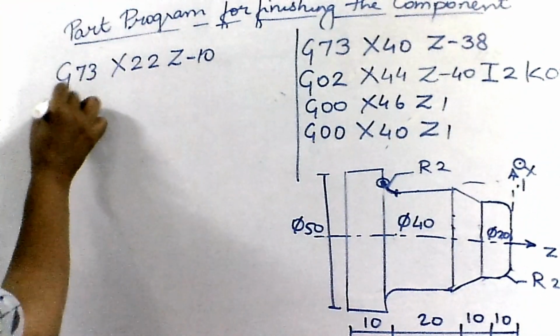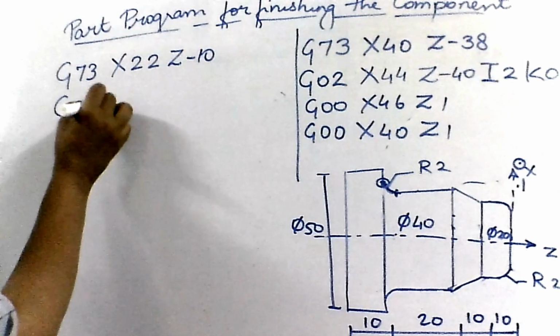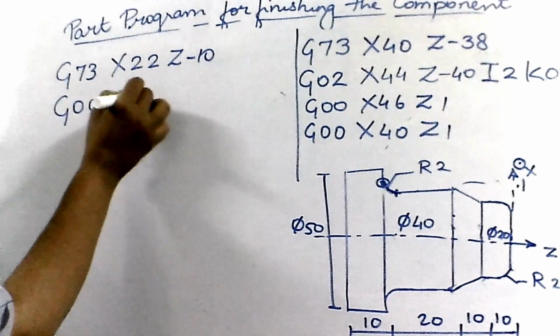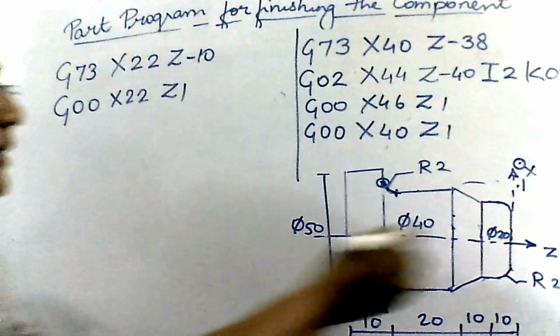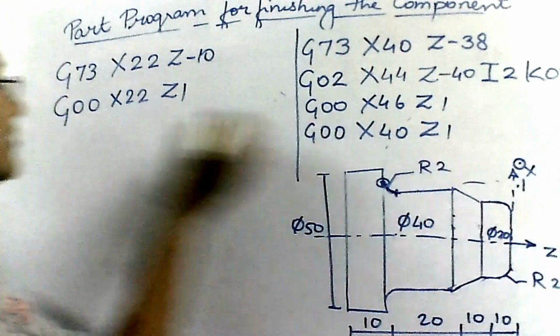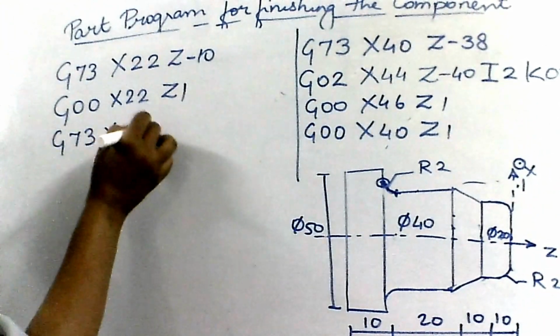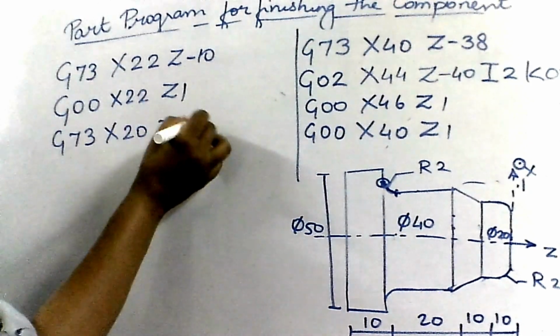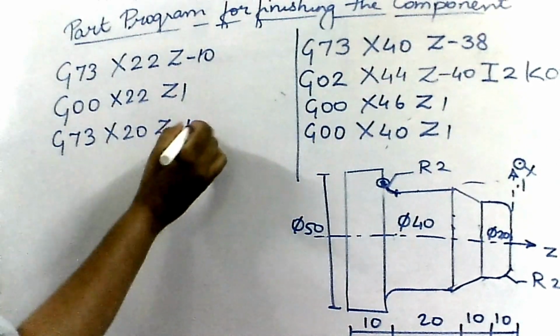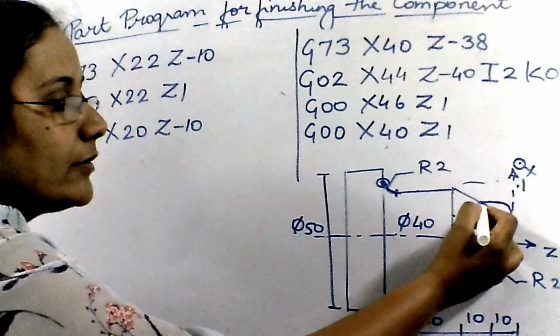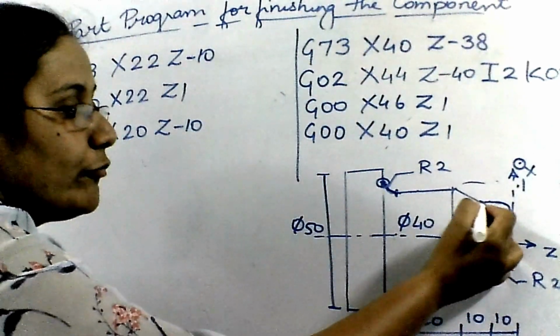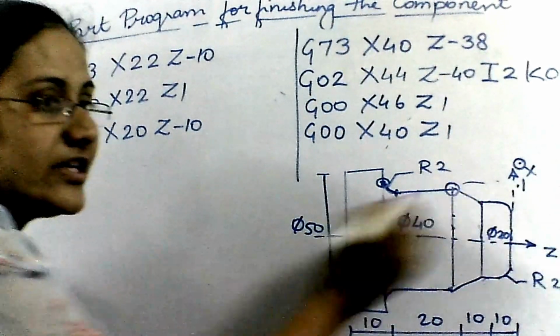Then again I will take my tool out. So G00, X would be 22, Z would be 1. And then I will take G73, X20 and Z would be minus 10. So I have come up till here. Now this portion is left. So from this point I have to move to this point.